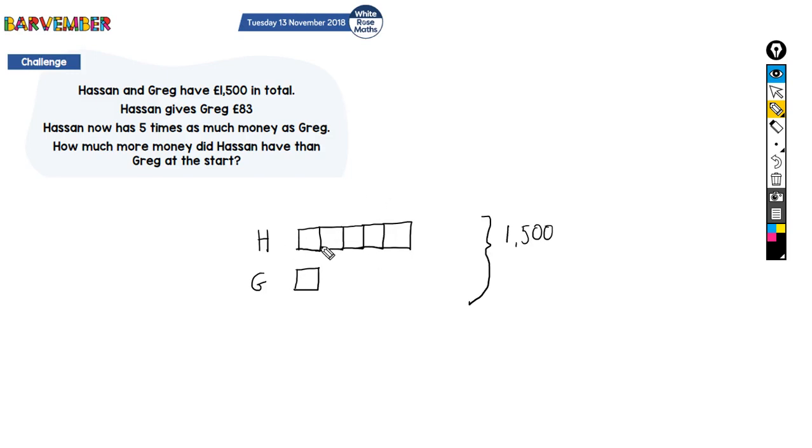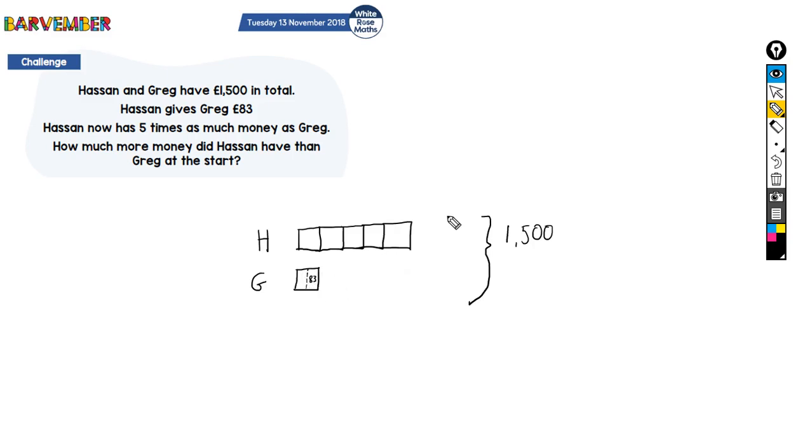Okay, so that's what they had. This is the situation at the end. Now, this is after Hassan has given 83 to Greg. It's not meant to be half, it's just meant to be big enough for me to write 83 in it.